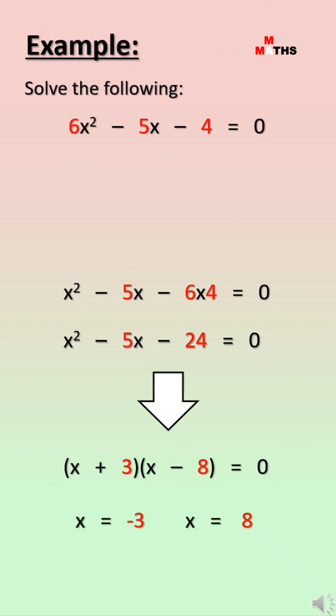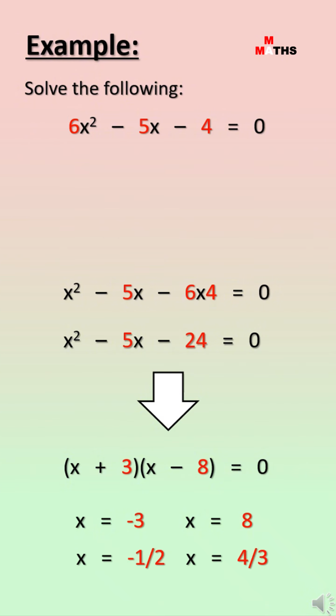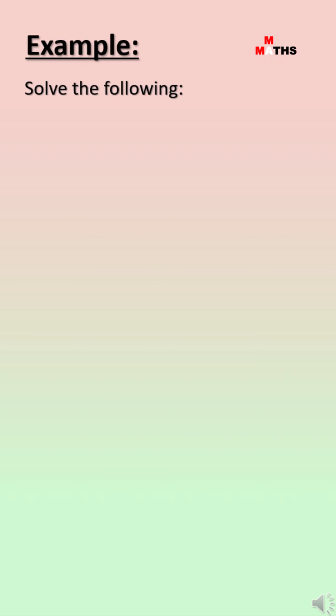Now, final step, to divide through by the original leading coefficient of 6. That gives us x equals minus a half, x equals 4 over 3. These are the roots. Brief recap at this point. Recall the quadratic formula gives x is equal to minus b plus minus root b squared minus 4ac all over 2a. Using the example we had before, 6x squared minus 5x minus 4 is equal to 0.